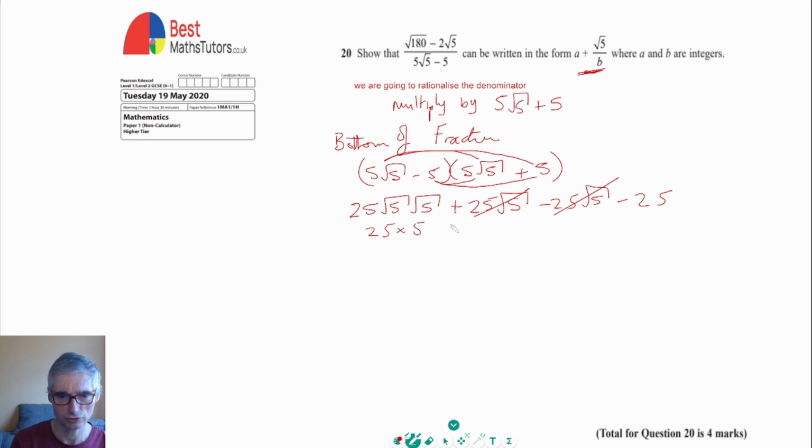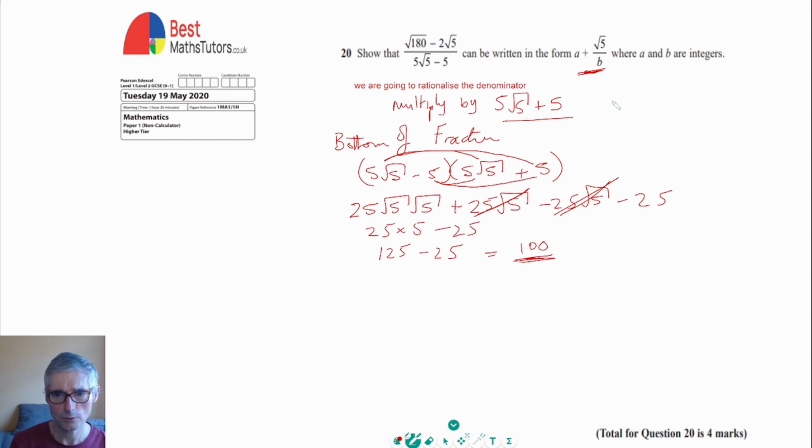The roots cancel each other out, and we've still got the minus 25. So 25 times 5 equals 125. Take away 25, and that gives me 100. So by timesing the bottom of the fraction by 5 root 5 plus 5, I end up with something that's not got any roots in it.